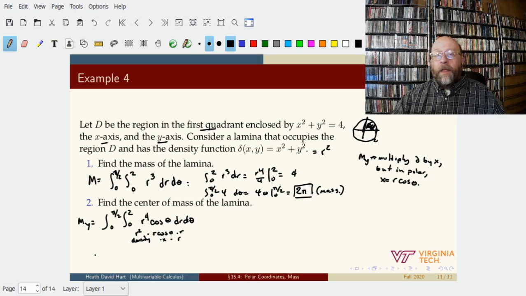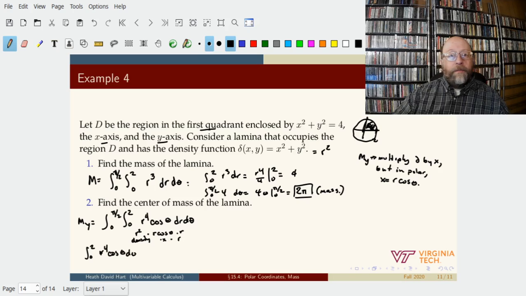All right. The inside integral becomes 0 to 2 of r to the fourth cosine theta. And that's r to the fifth over 5 cosine theta, evaluated at 0 and 2, or 32/5 cosine theta. And so now we have to integrate that from 0 to pi over 2.